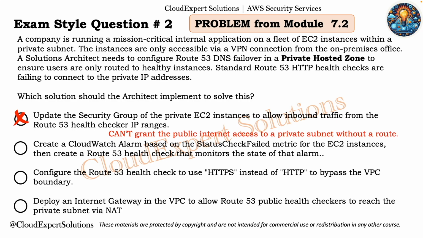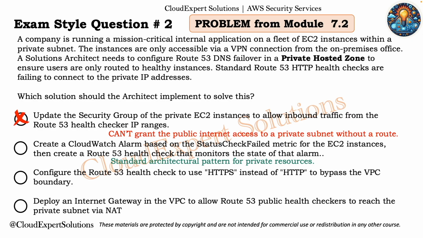Moving to the second option, create a CloudWatch alarm based on the status check failed metric for the EC2 instance. Then create a Route 53 health check that monitors the state of the alarm. This is the standard architectural pattern for any private resources. CloudWatch can monitor the health of an EC2 instance internally using the status check failed metric.